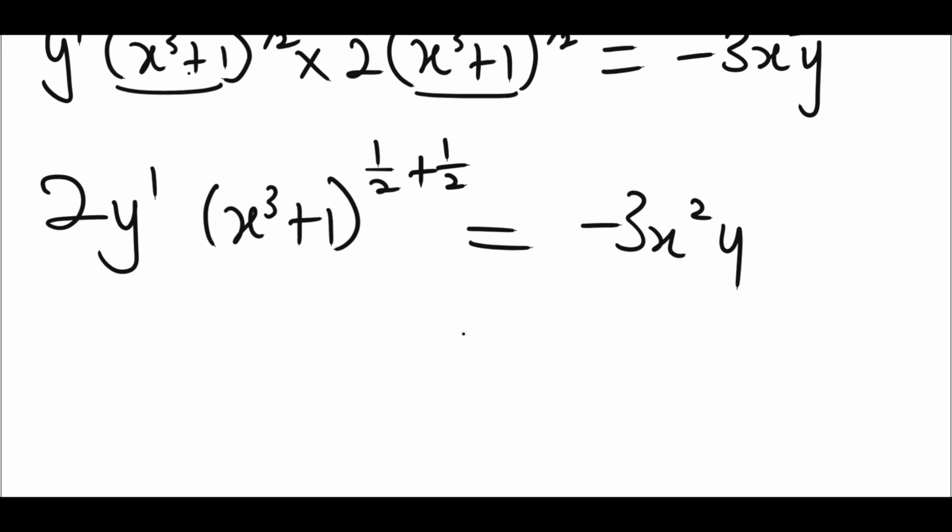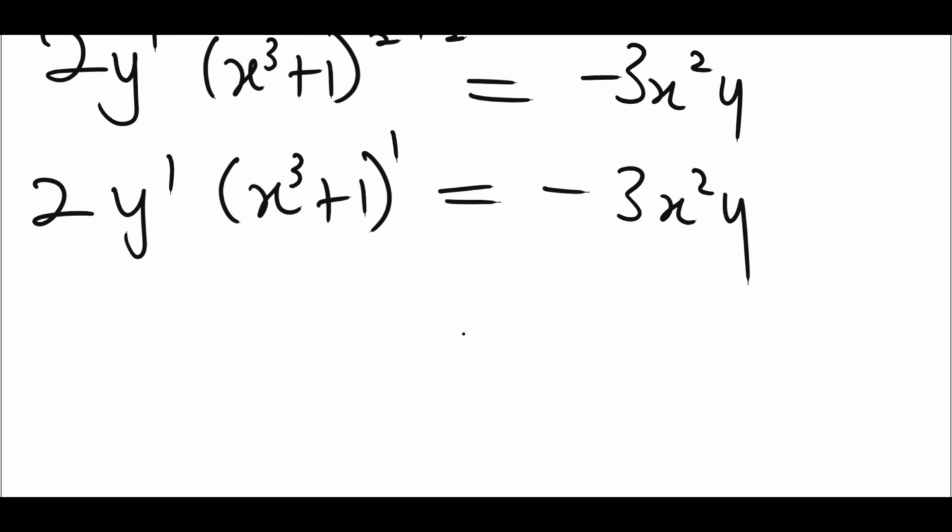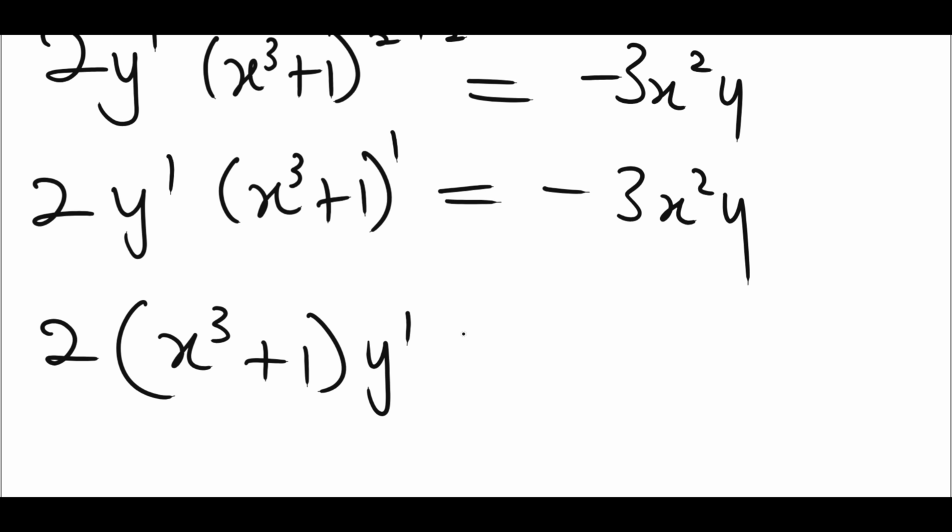All right. So when half is added to half, we are going to get 1. So that will give us 2y prime, then x cubed plus 1 exponent 1. It's not compulsory to write it. Equal to negative 3x squared y. All right. So we can now rewrite this as our 2 multiplying x cubed plus 1, then y prime equal to negative 3x squared y.